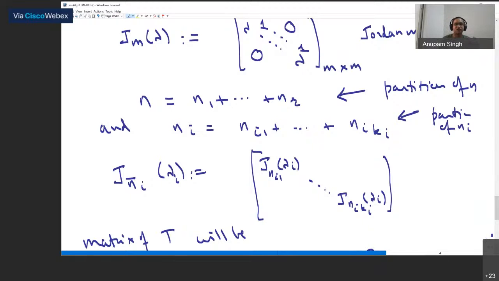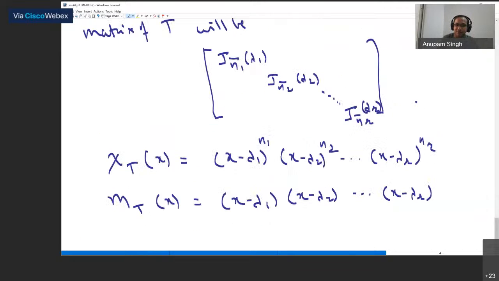And then after you get each one of these n1, n2, nr, you will get a further partition of each one of them. For each block, for each eigenvalue, you can have more than one cyclic vector, which I'm yet to explain. But this idea you saw when I was trying to represent the unipotent matrix. So for each eigenvalue there is something like nilpotent, which again corresponds to a partition. So for each one of them you have to write a partition again.